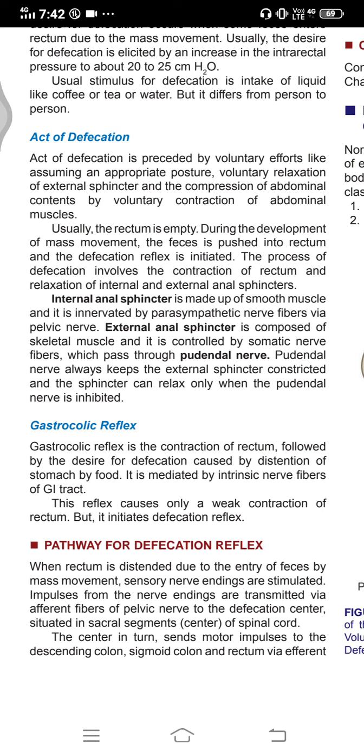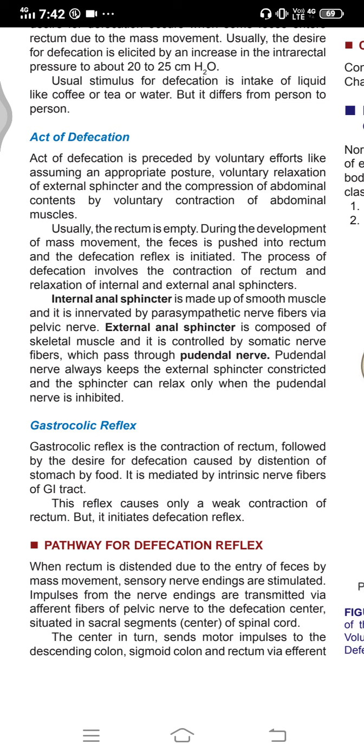The process of defecation involves the contraction of the rectum and relaxation of the internal and external anal sphincters. The internal anal sphincter is made up of smooth muscles and it is innervated by parasympathetic nerve fibers through the pelvic nerve.